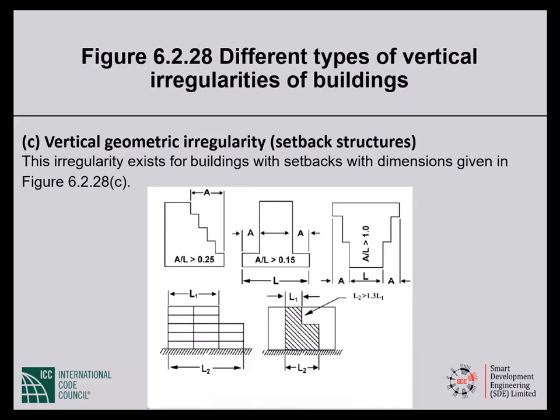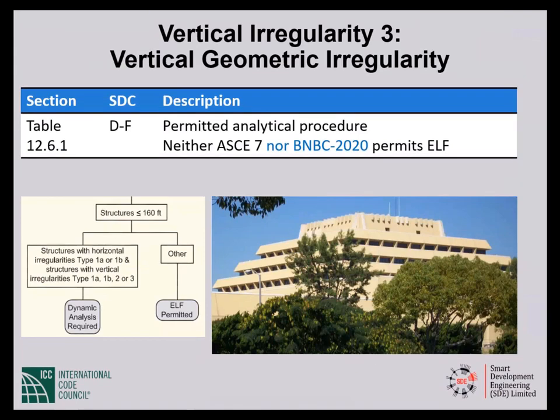I'll let you study that, but I did want to point out that this is a change that BNBC has made to the ASCE 7 definition of this particular irregularity, vertical type 3. Okay, the vertical geometric irregularity.